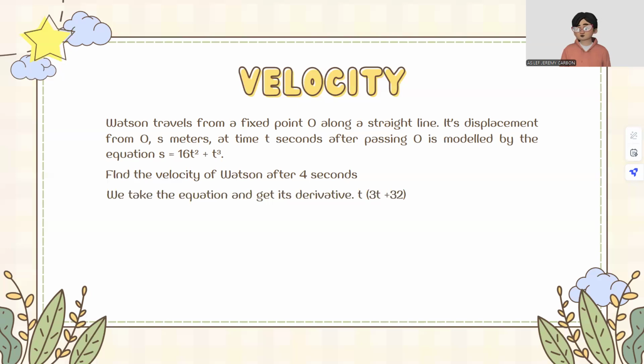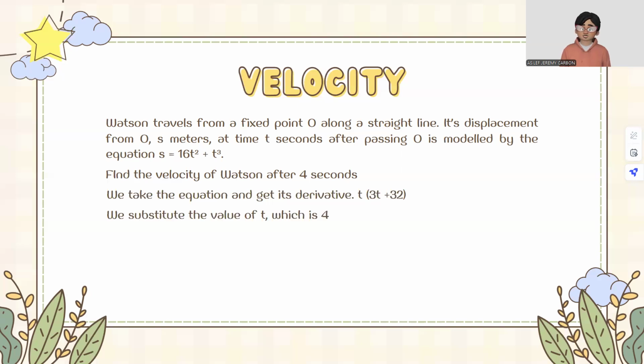This is done so for visual clarity during this video. However, another way we could put the derivative is 3t squared plus 32.